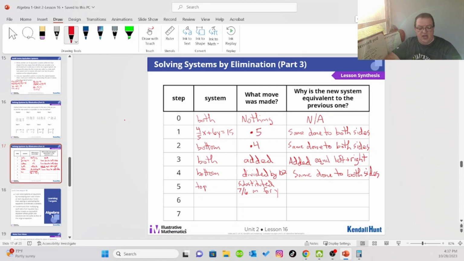So these are the same because we're substituting an equal amount in for y.